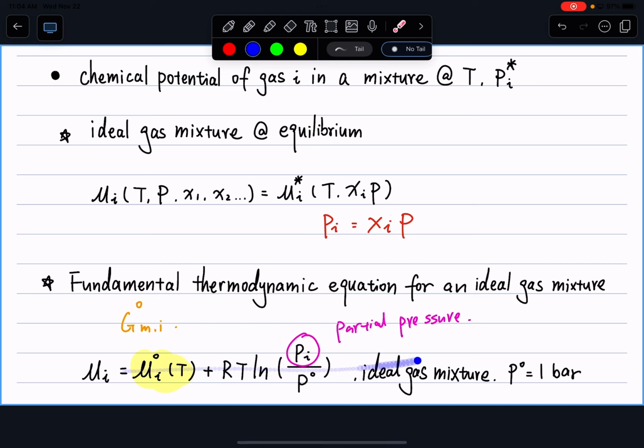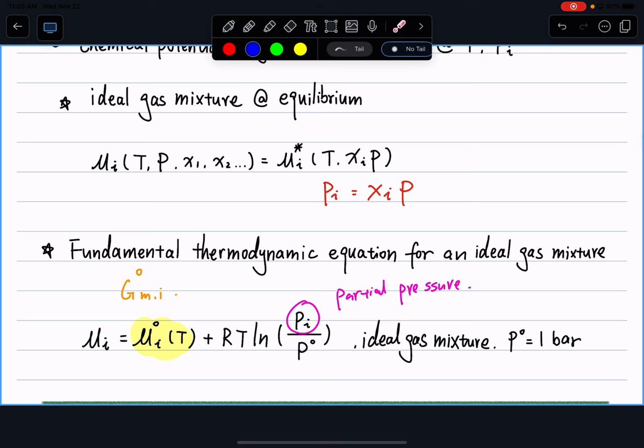So this is what we call the fundamental thermodynamic equation. On the left, that's our chemical potential of your substance i at any given point in any mixture. And here, this is mu_i naught. This one is the standard reference chemical potential, or the standard molar Gibbs free energy of that substance i. This is something you can find by checking the thermodynamic table.